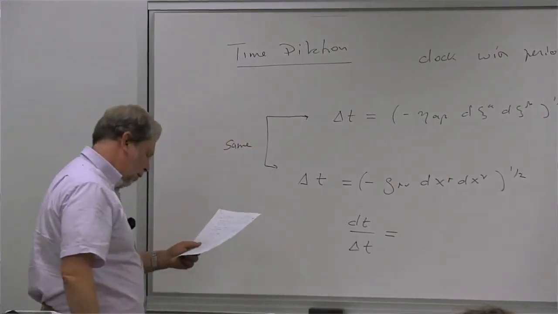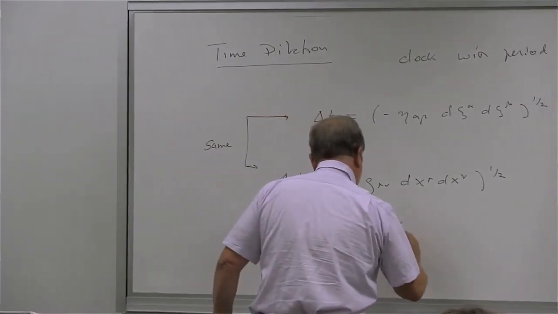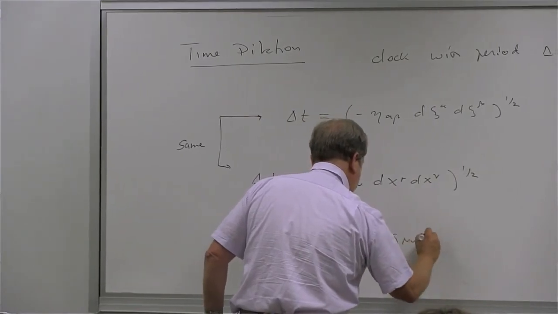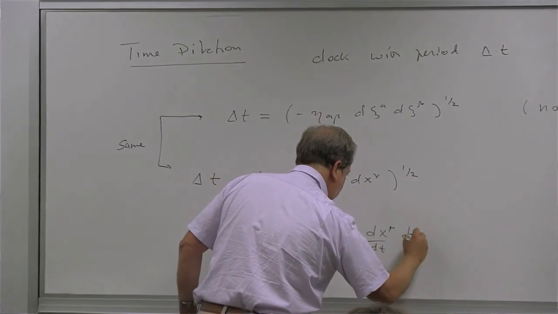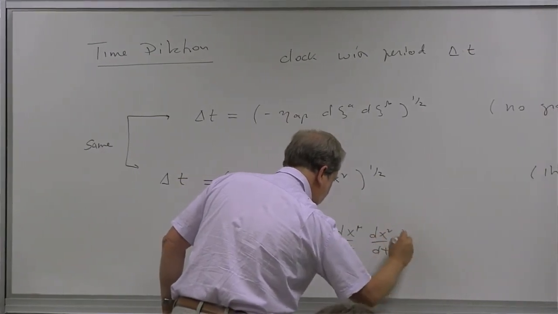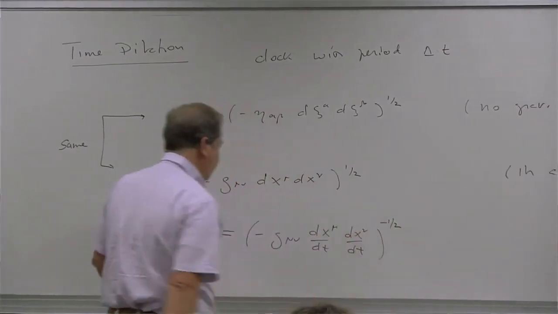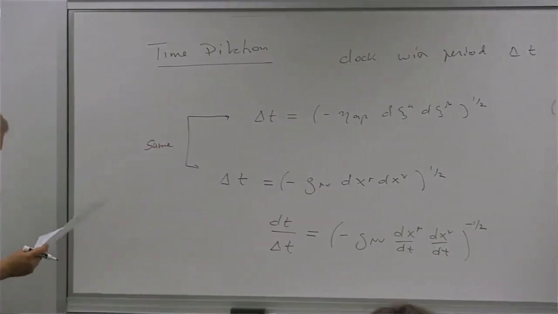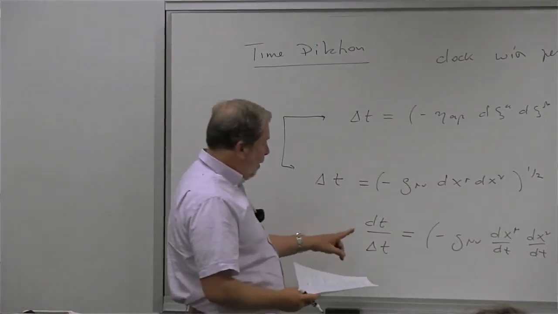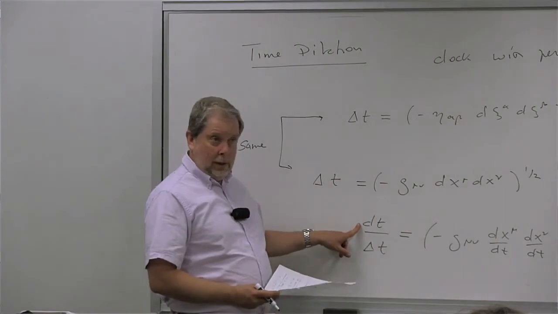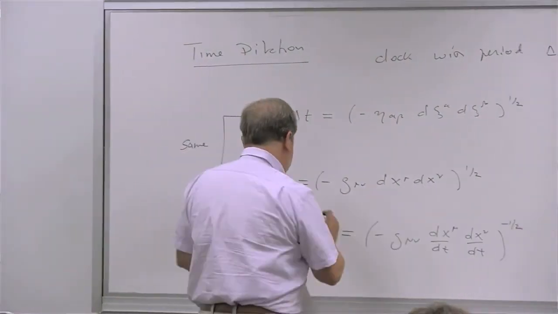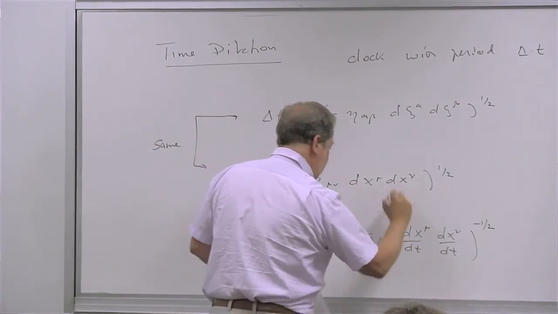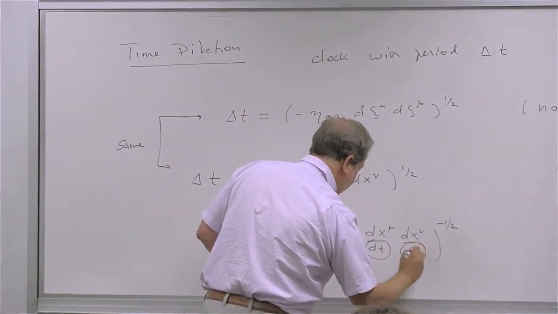So we're going to get 1 over the square root of minus g mu nu dx mu by dt and dx nu by dt, and then to the minus 1/2, right? So what have we done here? Well, we haven't done anything. We just divided by dt, or if you want, multiplied, right? So this dt goes into the square root, and it appears there, right?